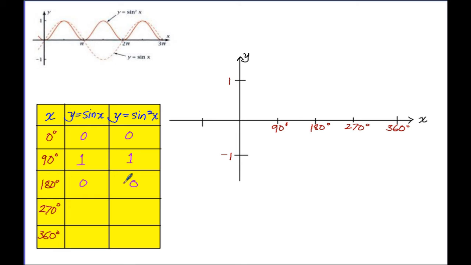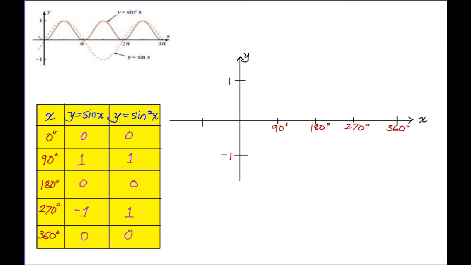If x is 270, we have negative 1 for sine x, but the square of negative 1 becomes 1. And 360 is just a repetition of the 180 degree value.